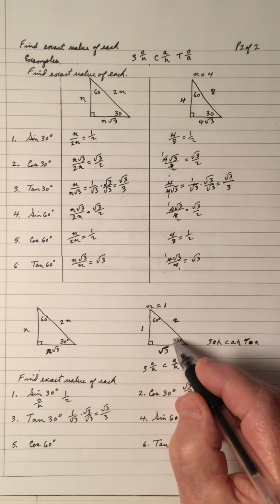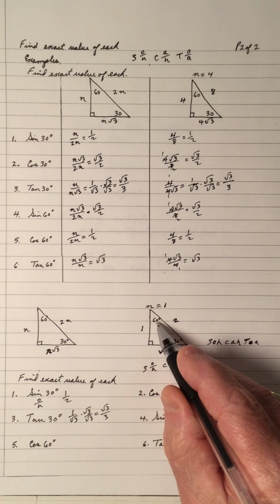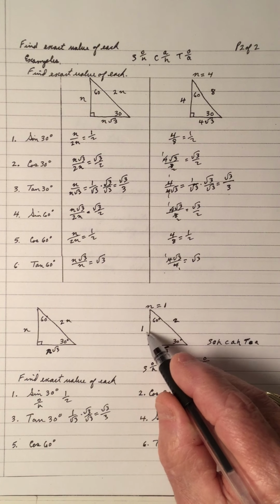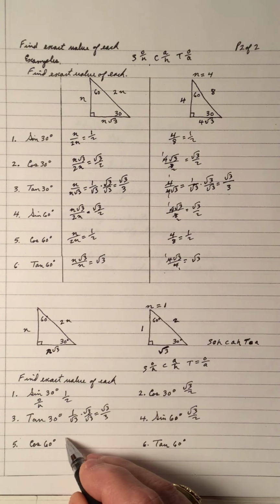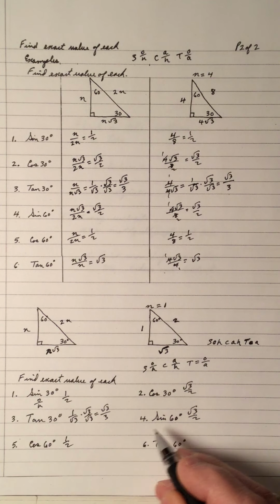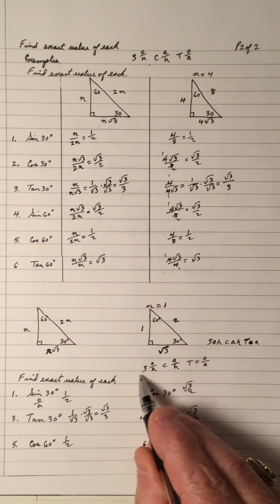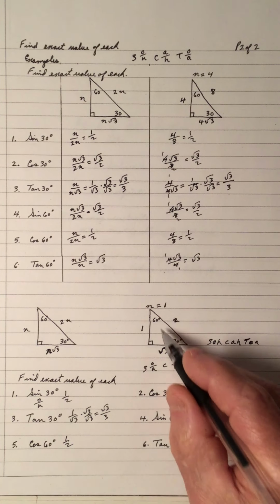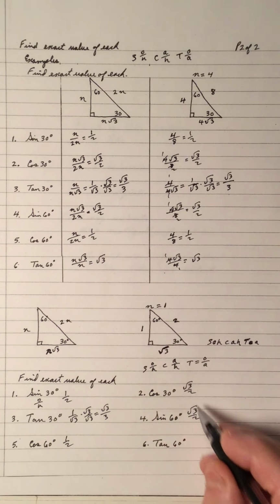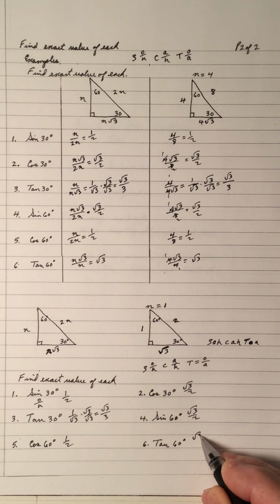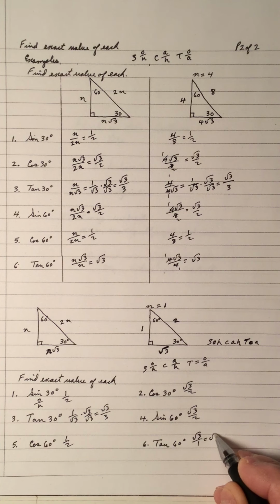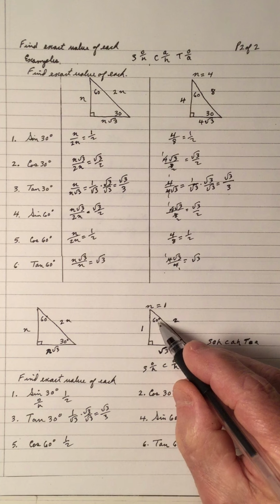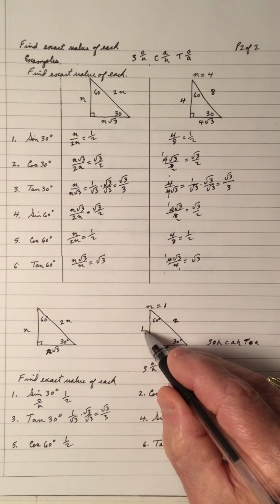The sine of 60, sine is opposite over hypotenuse, root 3 over 2. The cos of 60, cos is adjacent over hypotenuse, so it's 1/2. Again, notice SOHCAHTOA. The tan of 60 is opposite over adjacent, which is root 3 over 1, root 3.